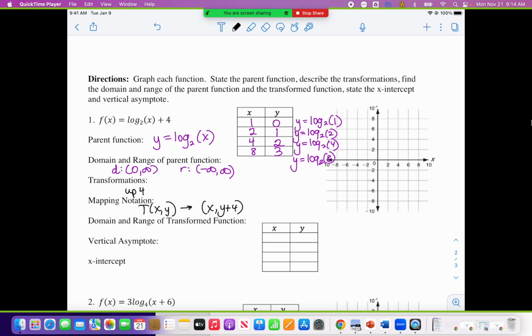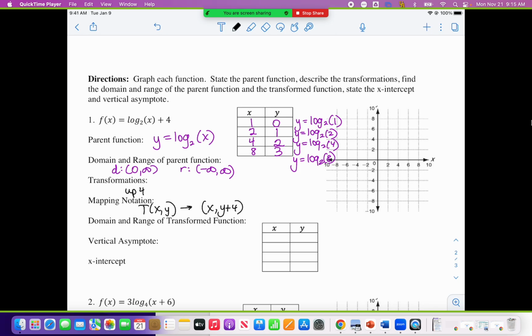So now, is it domain or range that's impacted by up and down? Range, good job. But my range is negative infinity to infinity. If moving up 4, does that impact negative infinity to infinity? So here's a big idea. Any transformation up or down on your y's never changes the range because it's still going to negative infinity to infinity, okay?